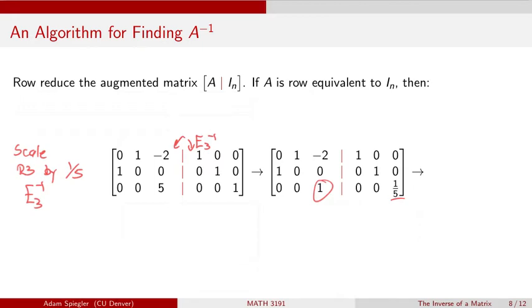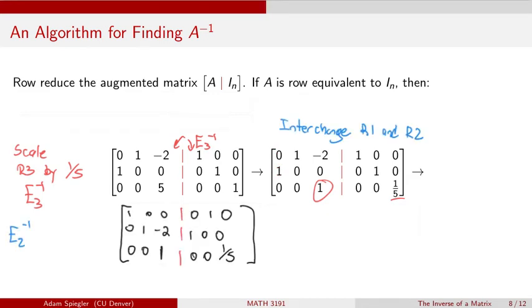Then we can think about what's the next operation. So again, my goal is to take this matrix and put it in reduced row echelon form. So let's do a little interchange of rows so that this first pivot is in the top row. And so after doing that operation, we now have flipped row 1 and row 2.